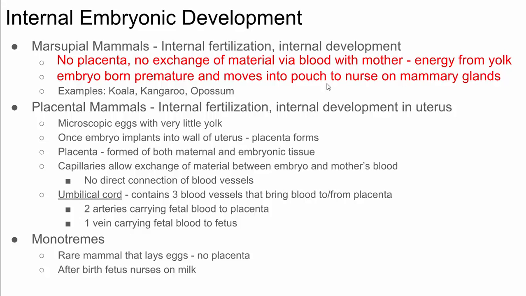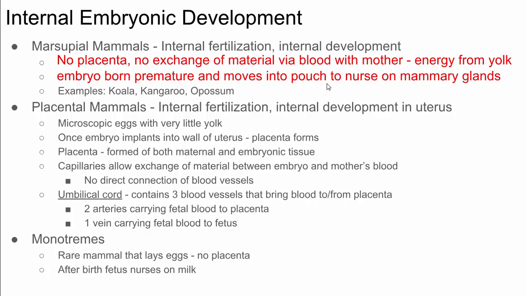What you're probably most familiar with are what we call the placental mammals. Placental mammals include humans. And so they have, again, internal fertilization. Sperm meets the egg cell inside of the female. And then the young develops internally as well. It stays in the uterus, or we might call the womb, where a placenta forms. So placental mammals form this organ called the placenta.